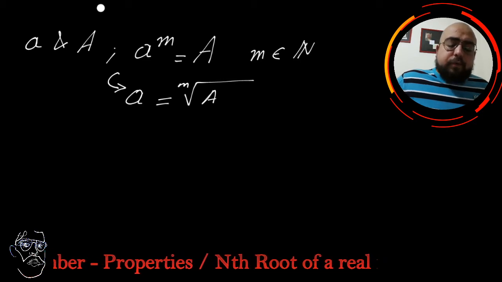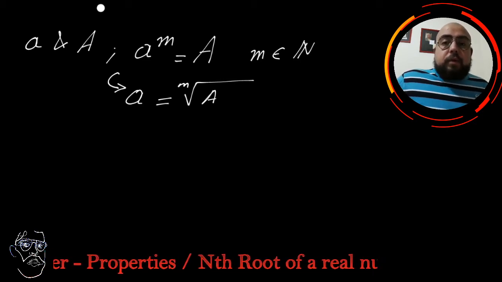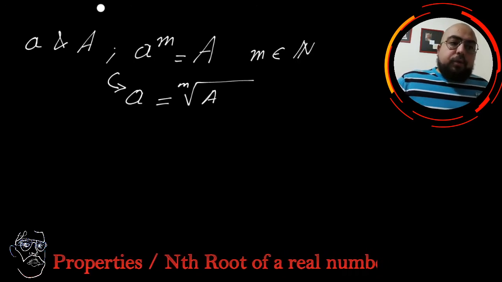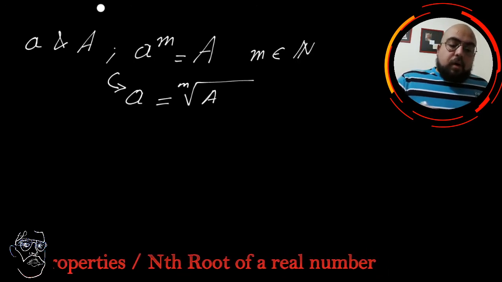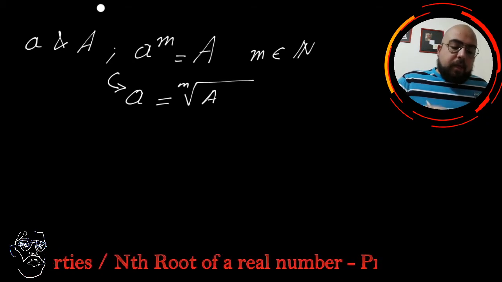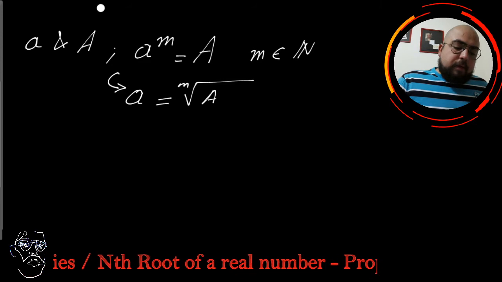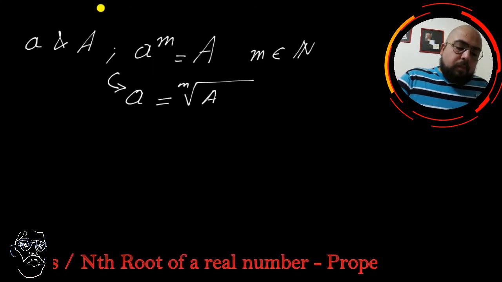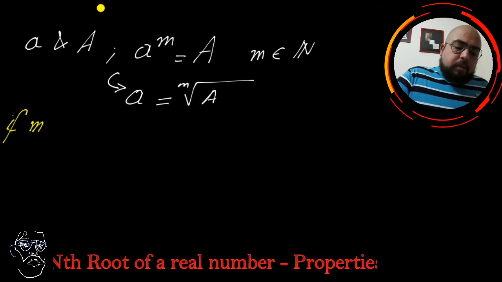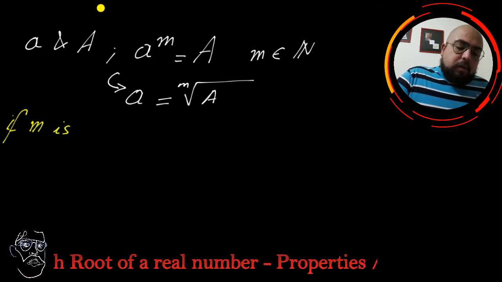Now in this case we have to discuss m. So we have the mth root of A, which is in this case capital A. What happens if m is odd?